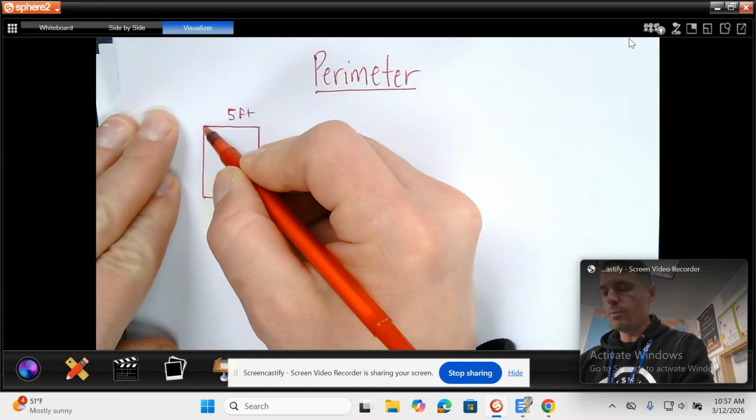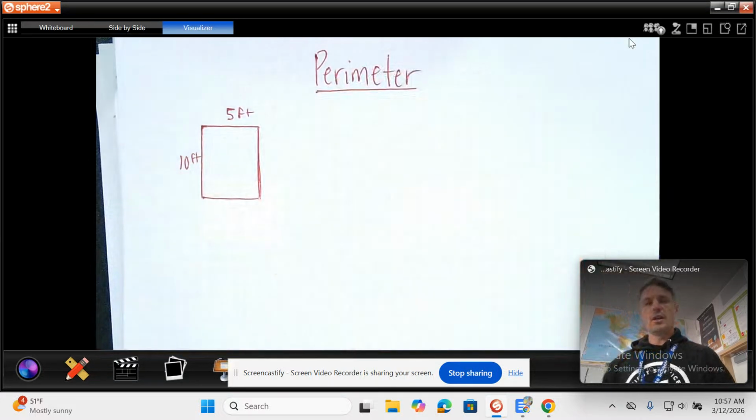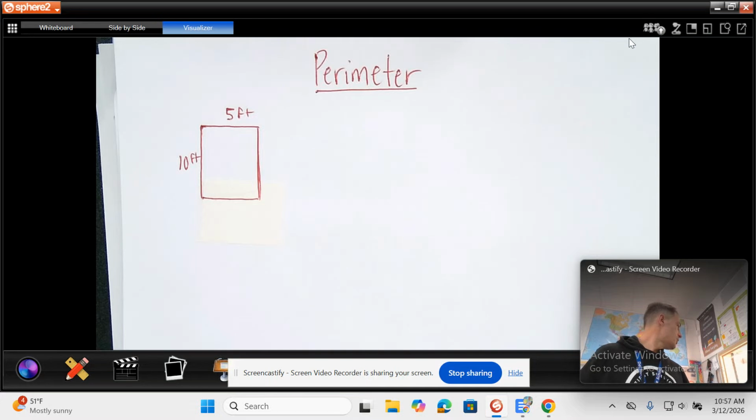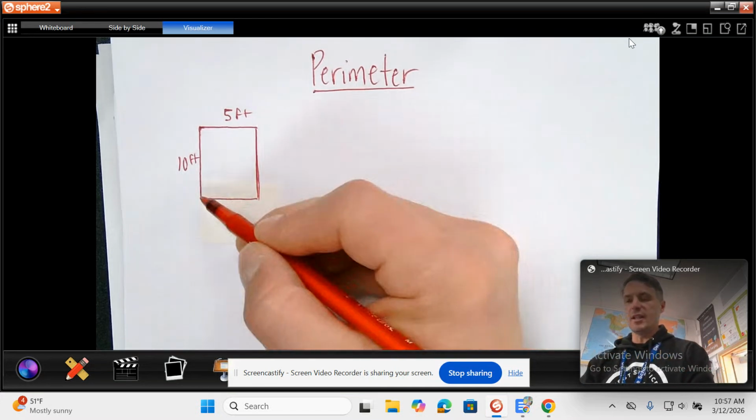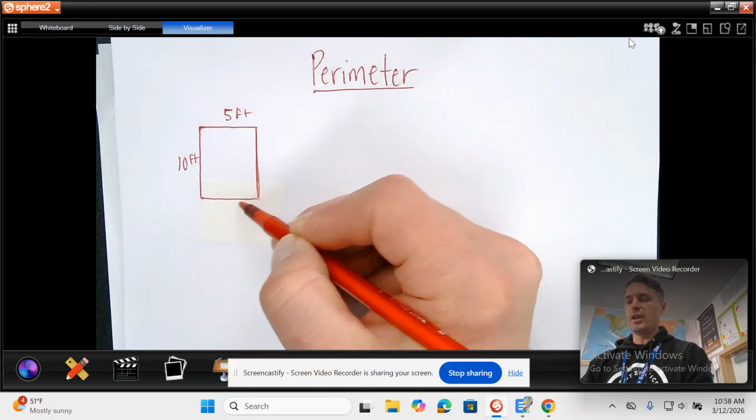And from here to here it's 10 feet. And let's say you were told to find the perimeter of this rectangle. That means your job is to find the distance all the way around the entire thing.